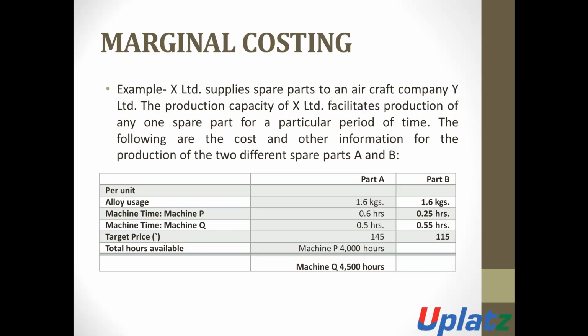Number 1 is material usage, 1.6 kg in part A and 1.6 kg in part B. Machine time for machine P and machine Q: machine P is used 0.6 hour in part A and 0.25 hours in part B. Machine Q is used 0.5 hour in part A and 0.44 hour in part B. The target price for part A is 145, and for part B the target price is 115.